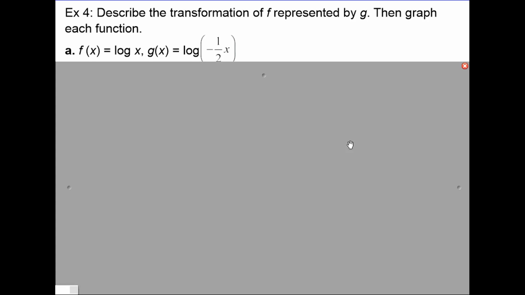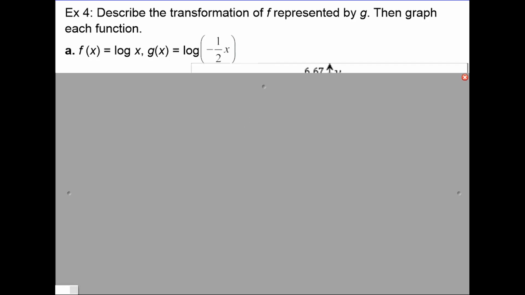Example 4. Describe the transformation of f represented by g, then graph each function. Same thing, except now we have a log. So log of x, and then it changes to log of negative 1/2 x. Again, two things. Negative inside, and 1/2 inside.